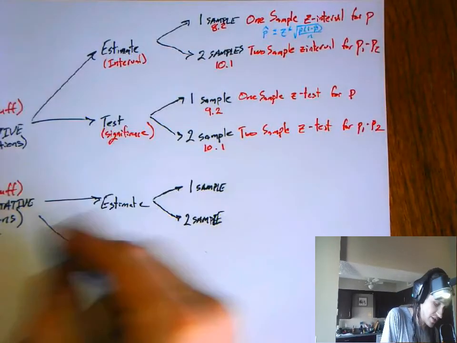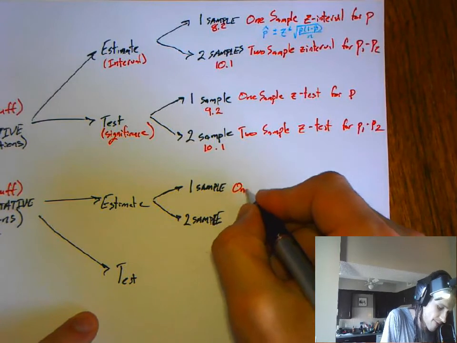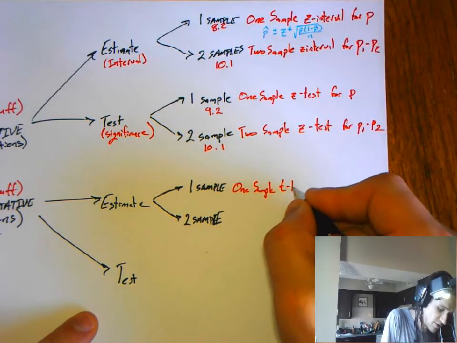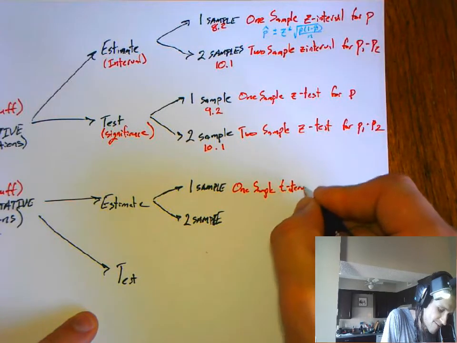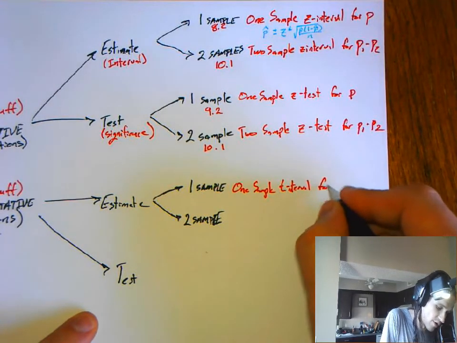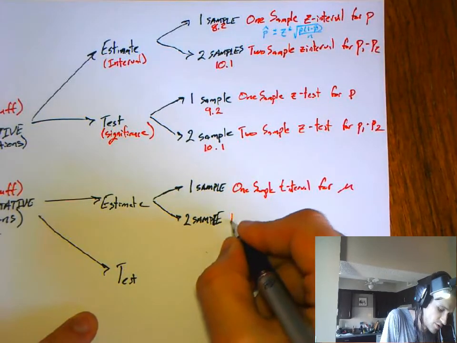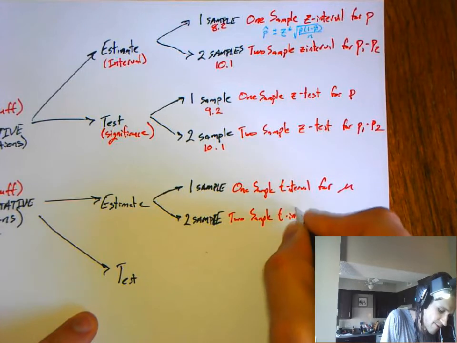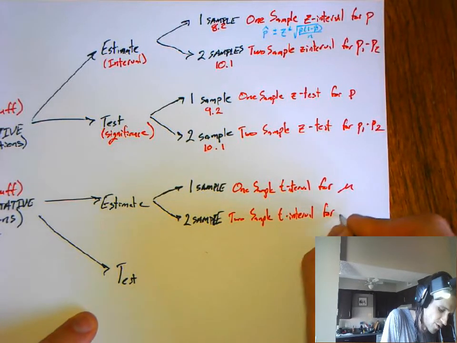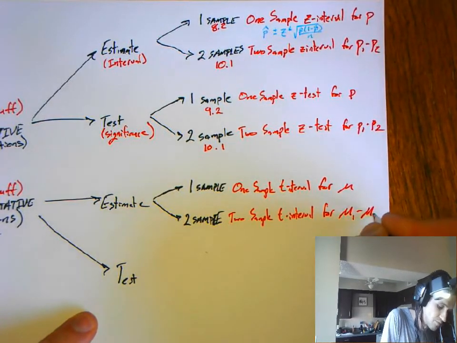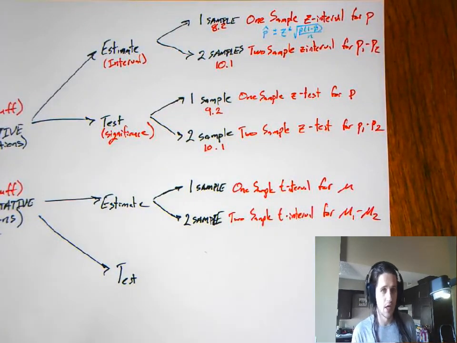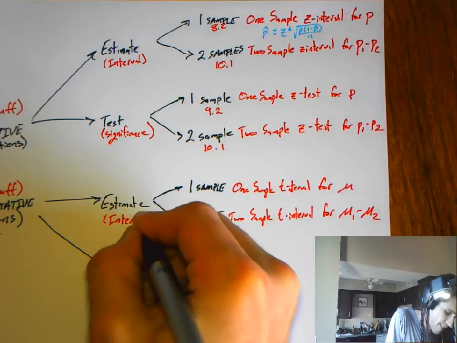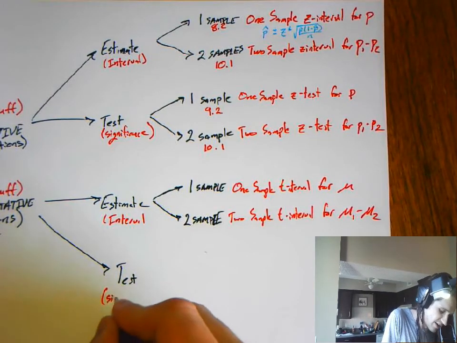These things are called t, one sample t interval for mu, or two sample t interval for the difference in those means. Cool. Again, estimate, we're going to be making an interval. Test, we're going to be doing a test of significance.